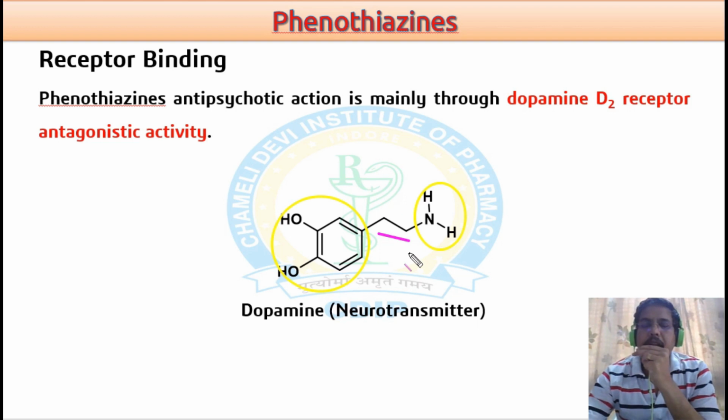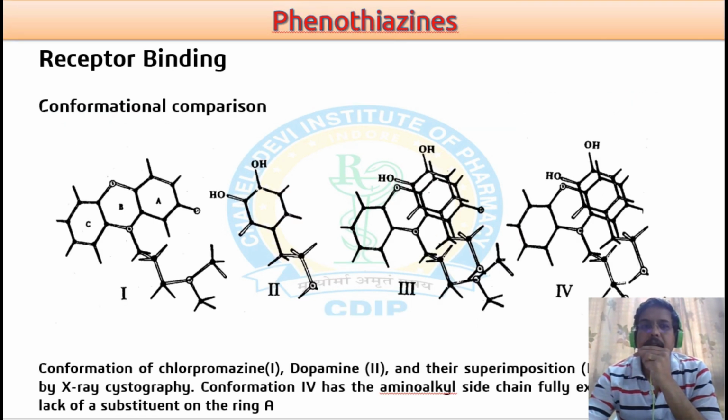And if you look at the comparison in their three-dimensional pattern, we check the crystal structure of dopamine and phenothiazine analogs. So come to the next slide.